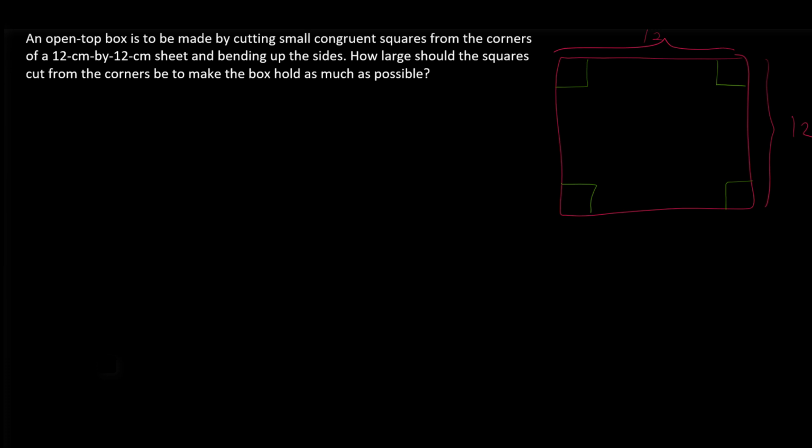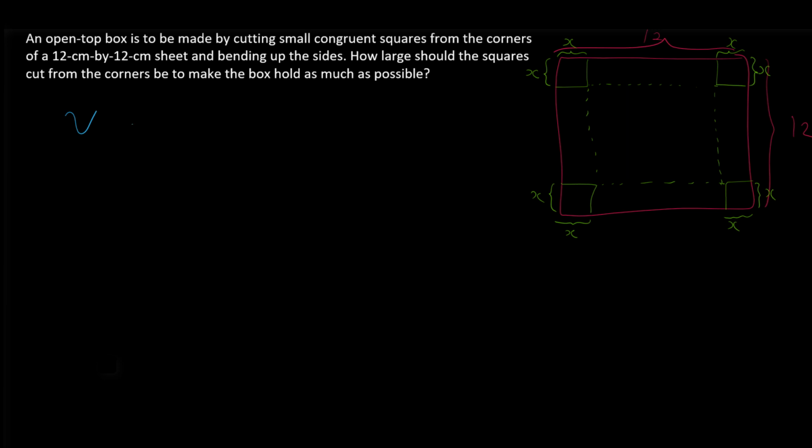So we want to cut, say, x centimeter from here, x centimeter from here, and similarly from each corner we cut x, and then we start folding from here, here, and here, and we make an open box. We want the volume of that box to be maximum.